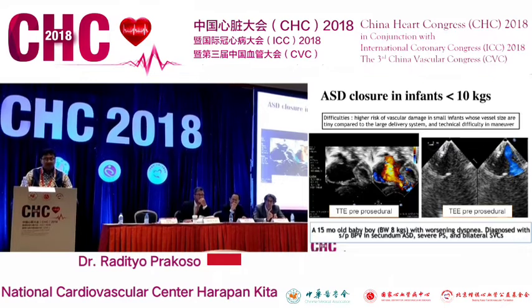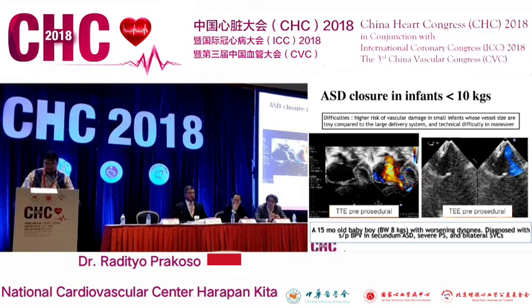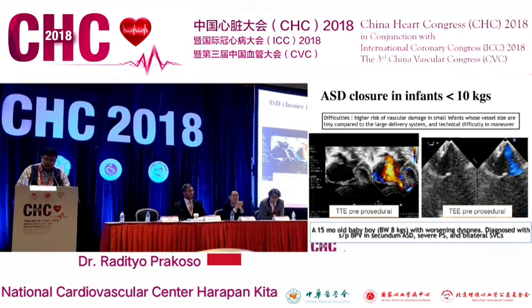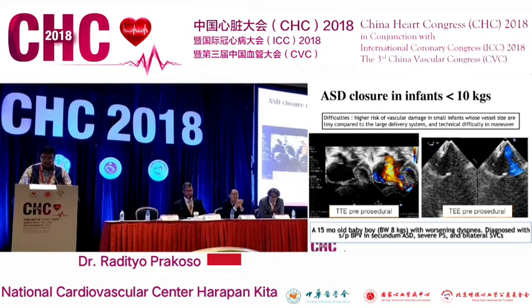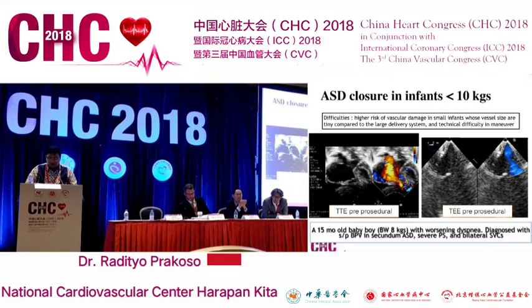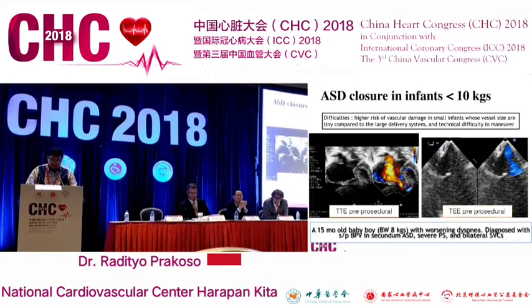So this is also a challenging case in infants less than 10 kg. We did several cases. This is the first one. The baby actually had a secondary ASD with critical valvular pulmonary stenosis. So in the first week of life, we did balloon pulmonary valvuloplasty.